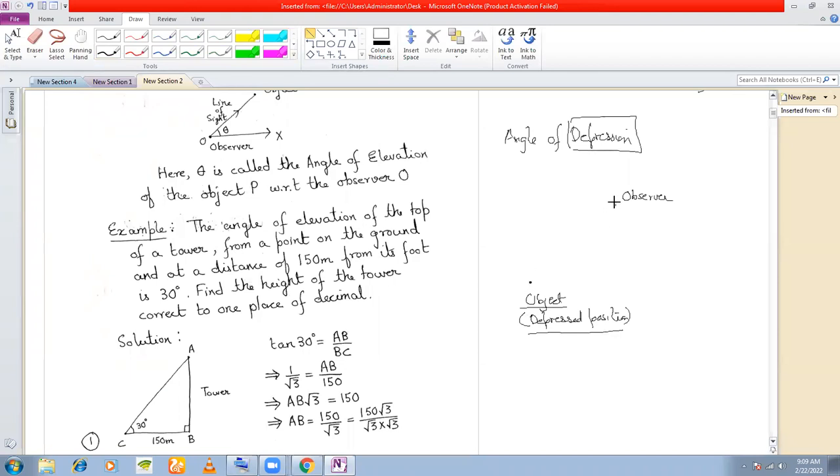This is the line of sight, that is, when the observer is looking down at the object. Then this is his line of sight, and this is the horizontal, your ground level.